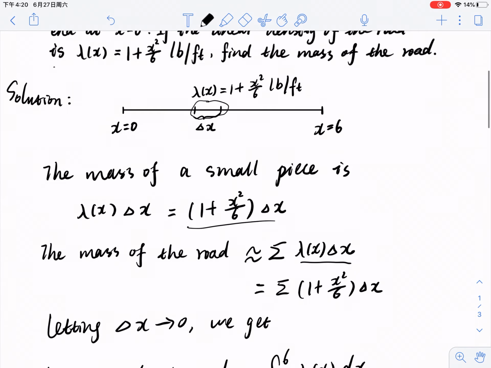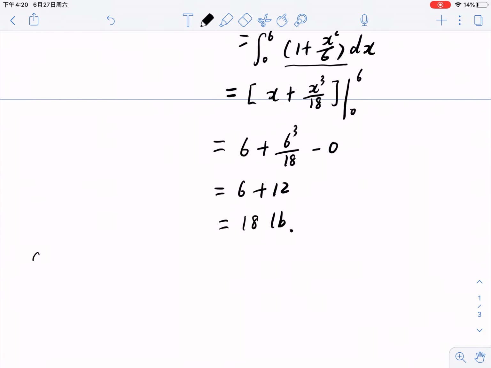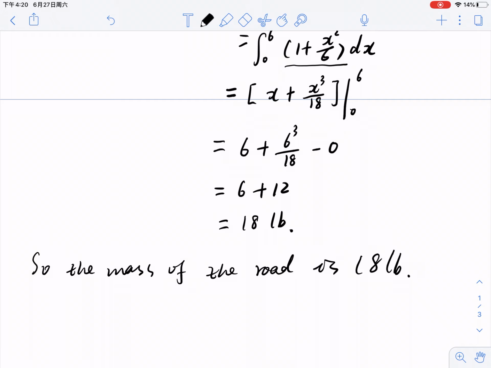So we get the mass of the rod is 18 lb. So this is example 1.